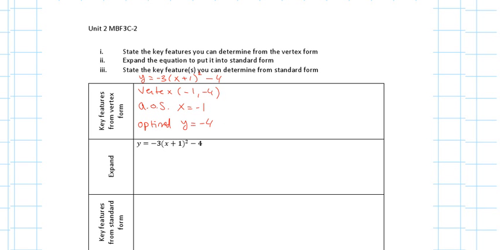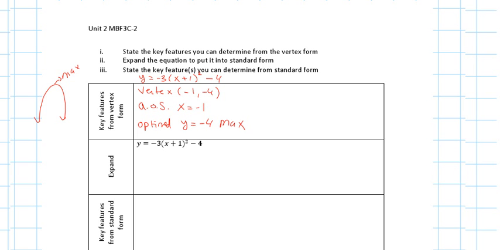It's going to open down, right? So it's a max. Okay. And then you can state the step pattern if you want. But technically, these are the key features. These are the 3 things that we need to state. Okay? Vertex, axis of symmetry, optimal value. Anyone doesn't know this from the previous unit?